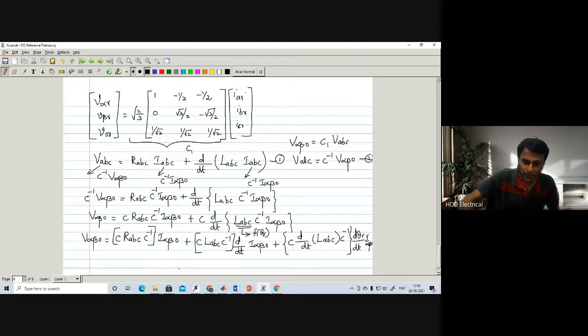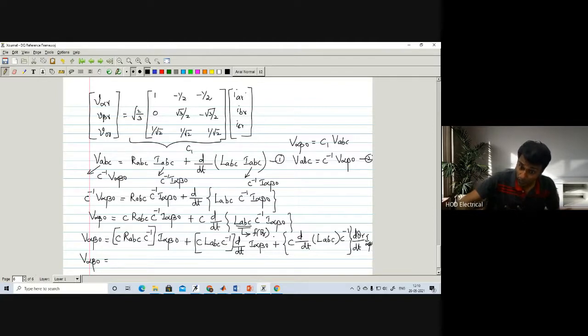One more thing I forgot to tell: first we took LABC C inverse outside and did the differentiation of I alpha beta naught. Then we have to differentiate this alone. That is why C d by dt of LABC C inverse into d theta divided by dt, as the inductance is a function of theta.